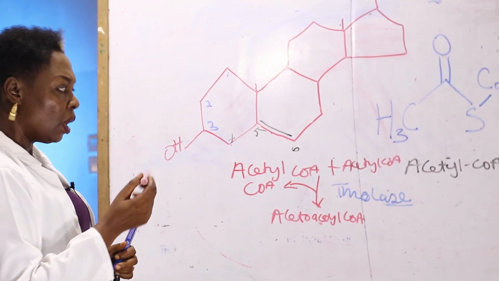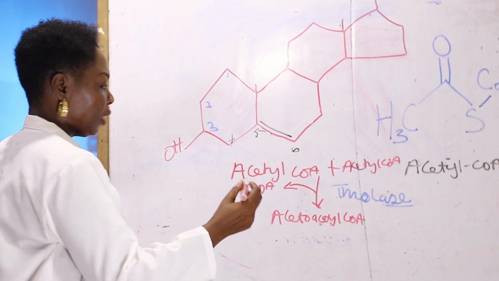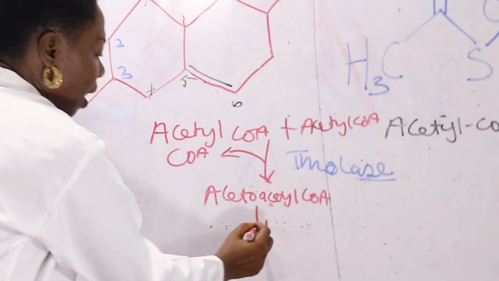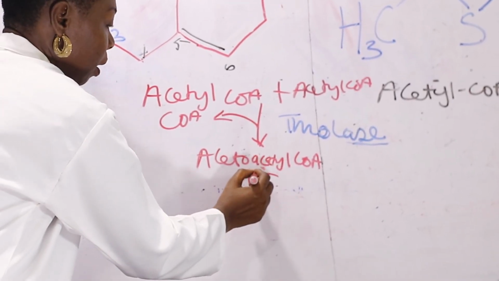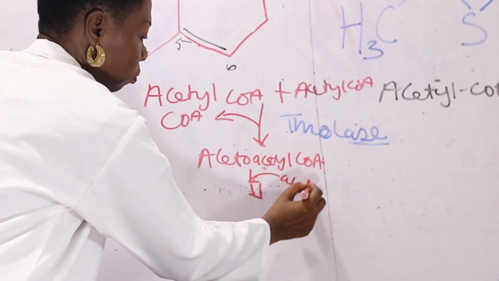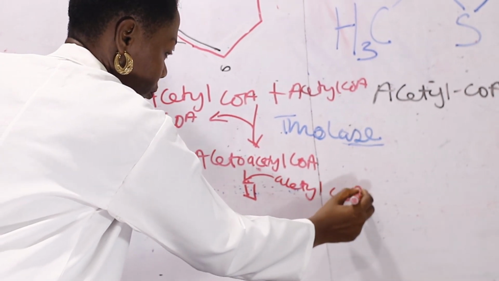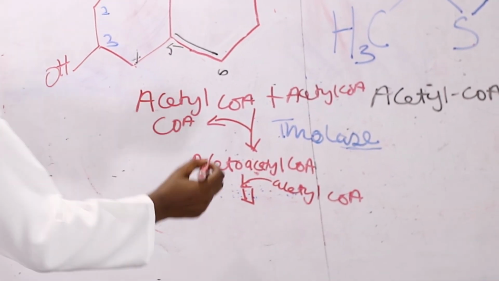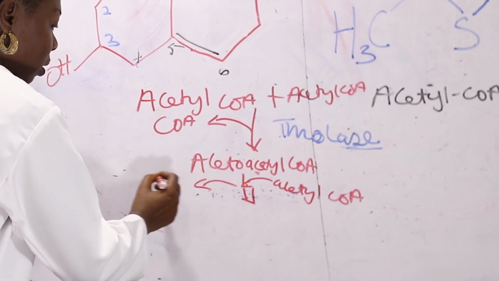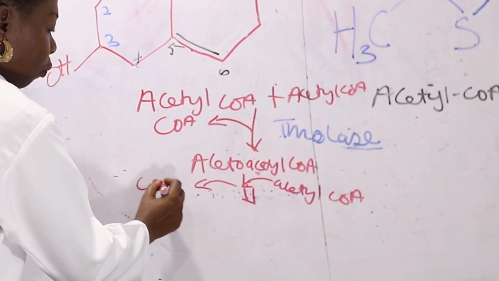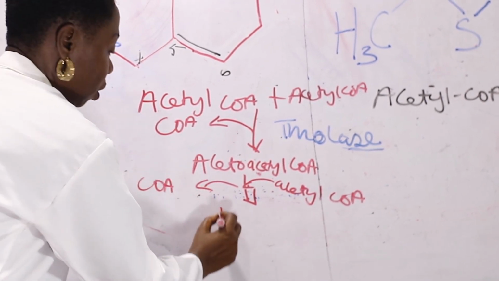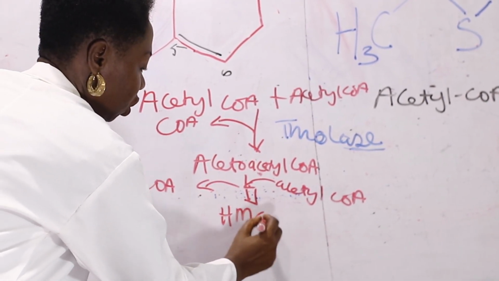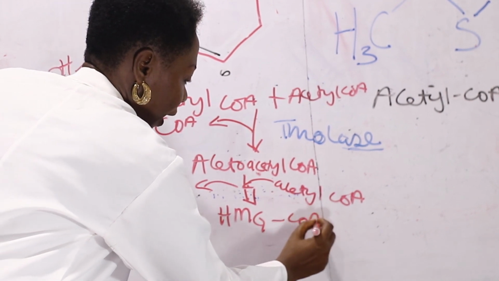All right, let's continue. To acetoacetyl-CoA, we now have the addition of another acetyl-CoA molecule, and then you have the loss or removal of 1 CoA molecule, which leads to the formation of HMG-CoA.